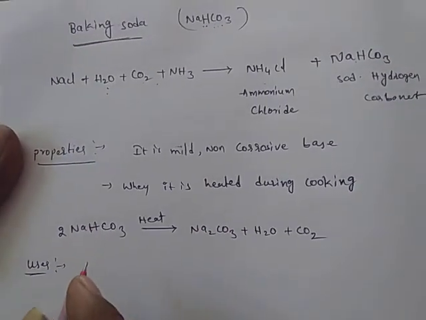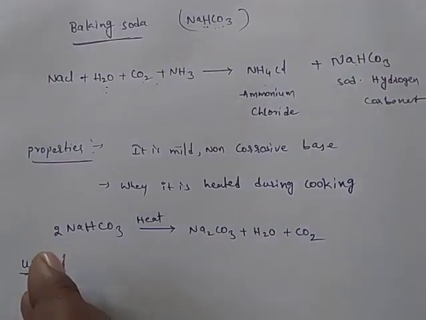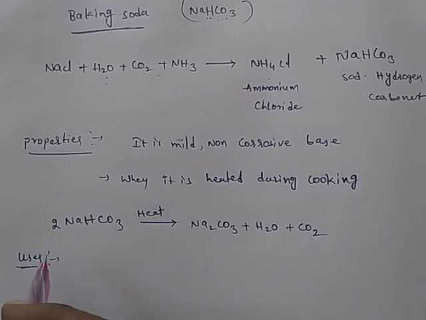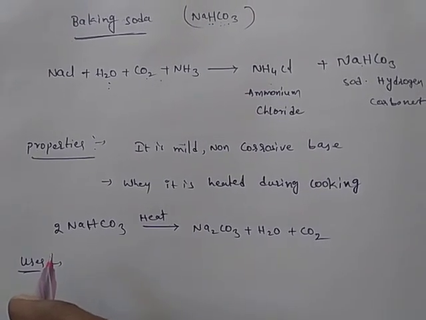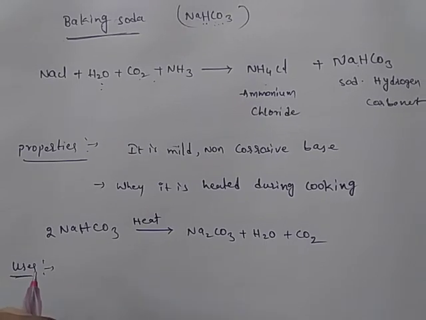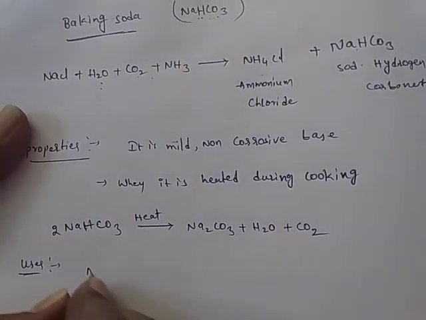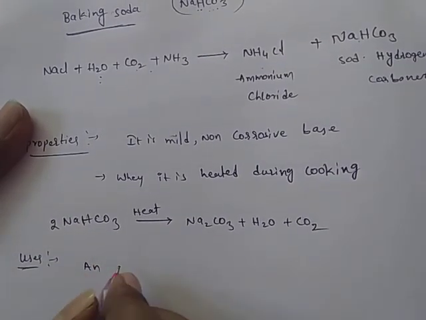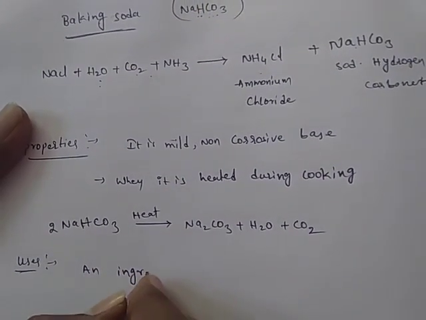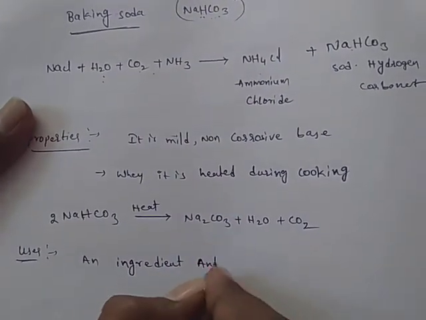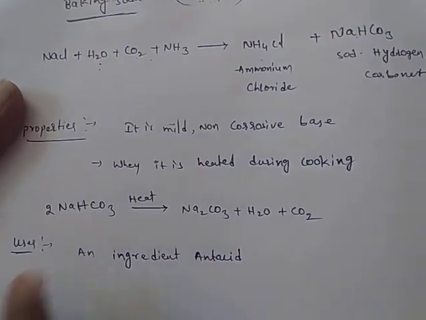So the first use is as an ingredient of antacid, and it is used in fire extinguishers. Fire extinguishers also use baking soda. And for making baking powder, okay, one by one we have to discuss. First use is an ingredient of antacid.